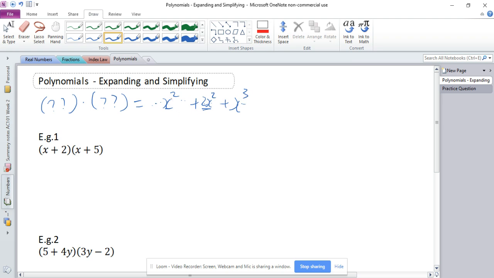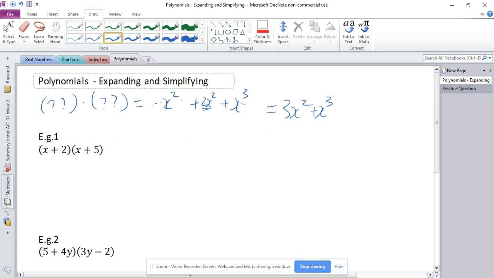Because I have x squared here, I have another x squared here. If the power is the same, then you can collect them together, become, for argument's sake, 3x power 2 plus x power 3. When we look at more examples, you will understand a bit more.